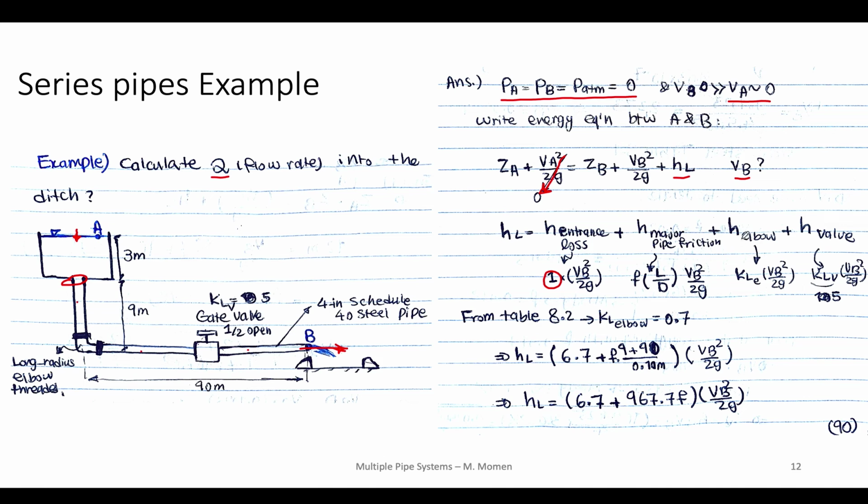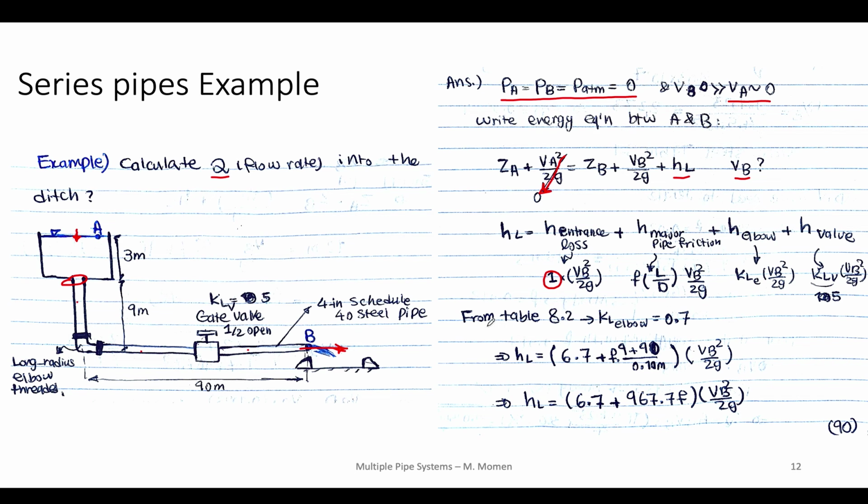And the third one is the head loss due to the elbow, and as you can see, I can write it down as KL elbow, which is the loss coefficient of the elbow multiplied by VB square over 2G. And the last one is the loss coefficient of the valve times VB square over 2G, and this one is given in the problem. KLV equals 5, so I just write it down as 5.